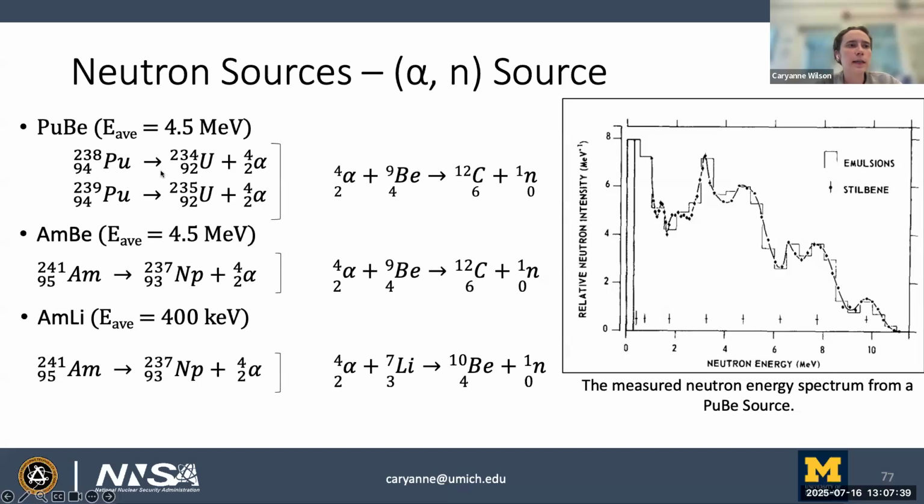So PuBe and AmBe have 4.5 MeV because this is due to the binding energy of the alpha and the beryllium. So that's how you determine the average neutron energy, versus AmLi is a lot lower just because these are different isotopes. And then as you can see, the spectrum for an alpha-n source tends to look a lot different than this very clean Watts fission spectrum that I showed in the previous slide.